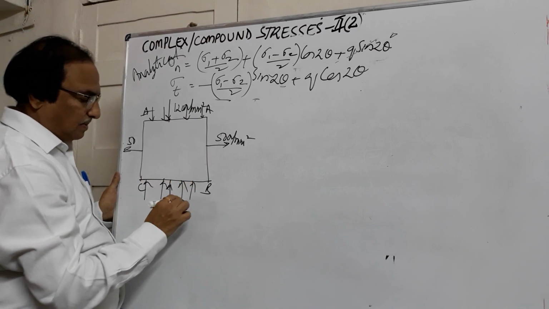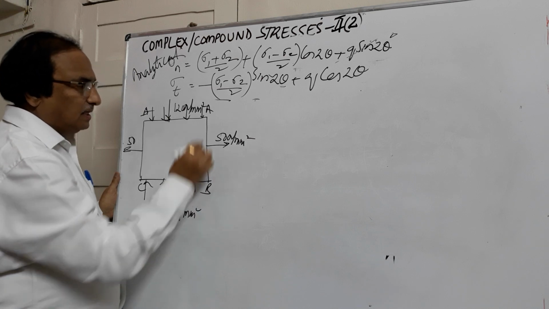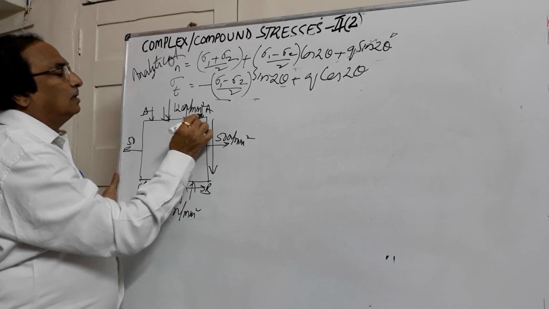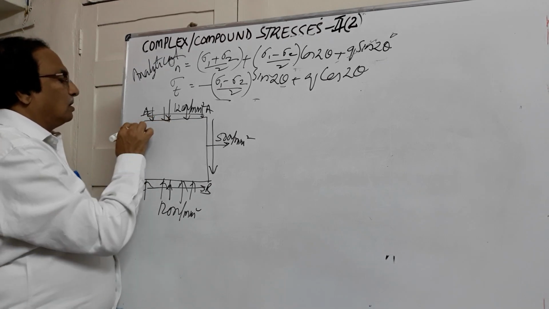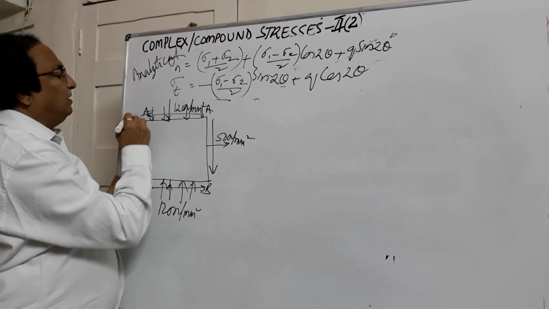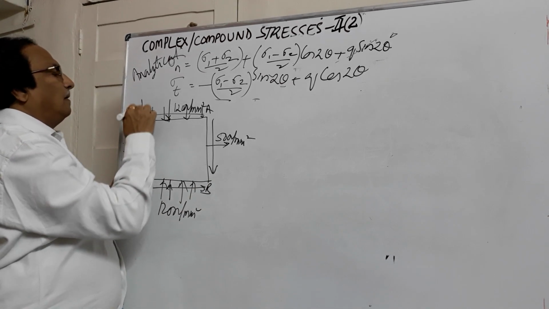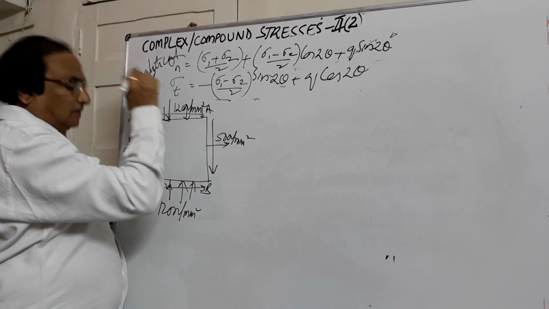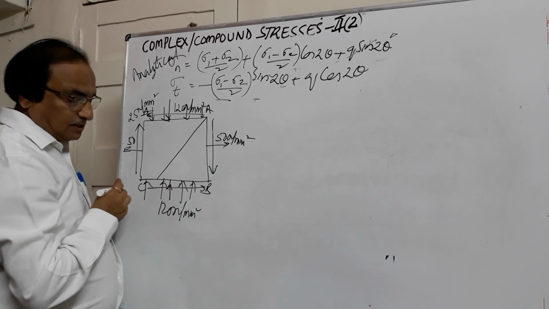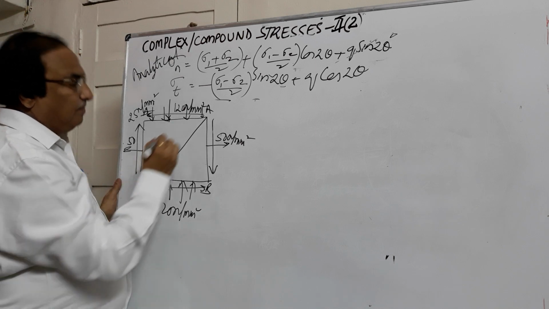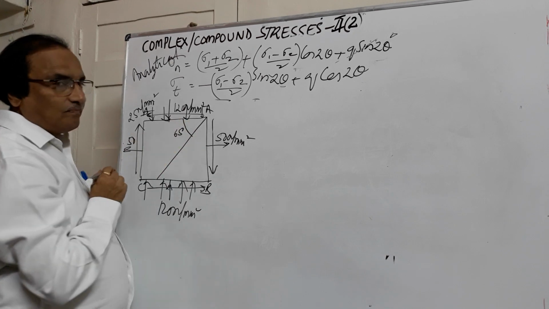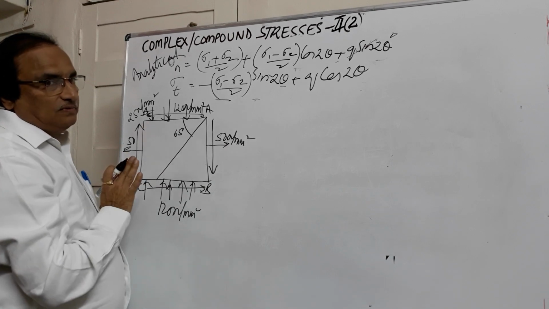It is subjected to shear also on a corner, then the opposite corner. This shear stress acting, I take it as 25 Newton per mm square. Then you are required to find out the normal stress and tangential stress on a plane making an angle of 65 degrees. This is an odd plane which is given to you.